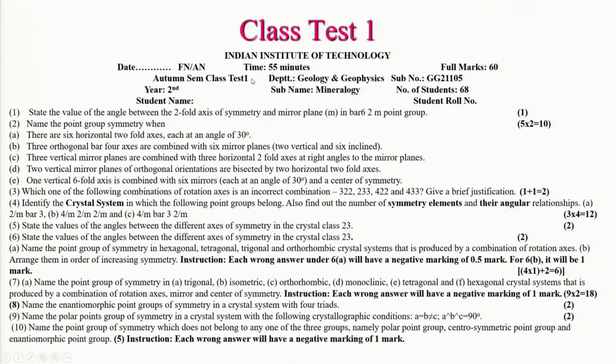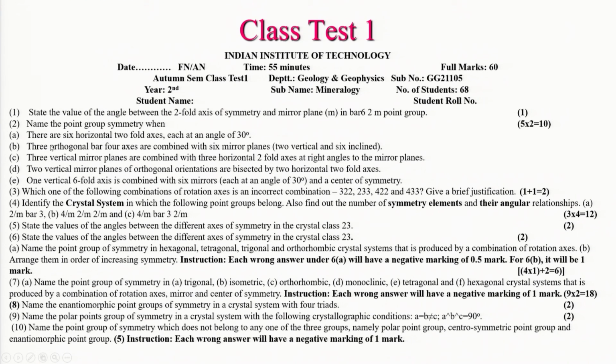The first one is: what will be the point group of symmetry when there are 6 horizontal two-fold axes, each at an angle of 30 degrees? You have to name the point group of symmetry.